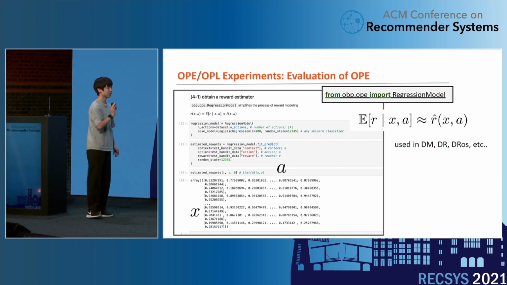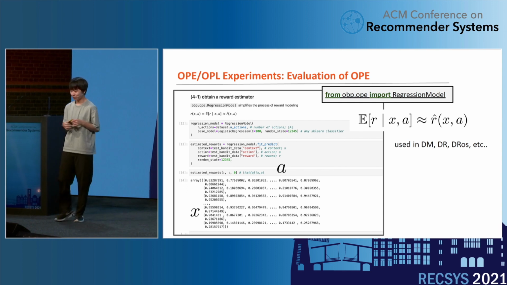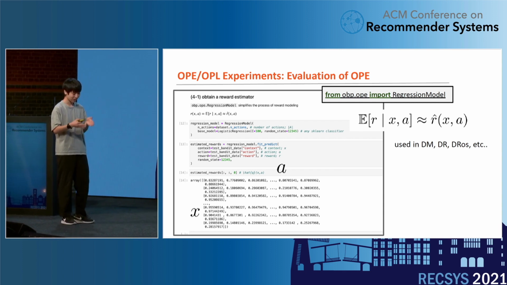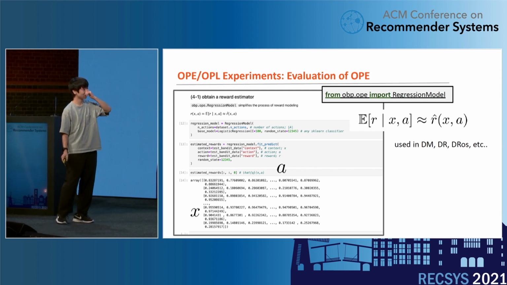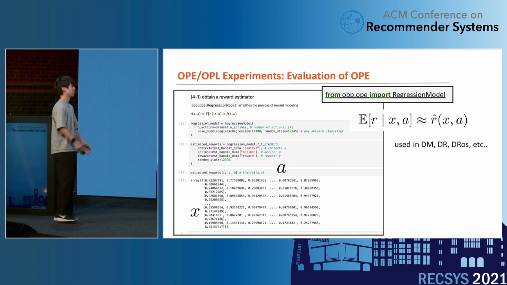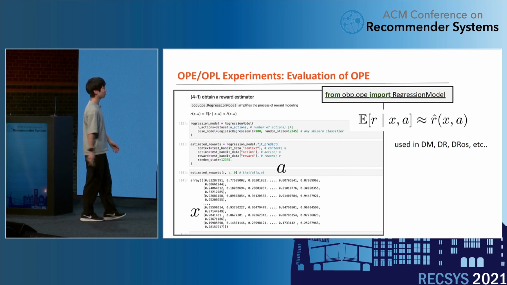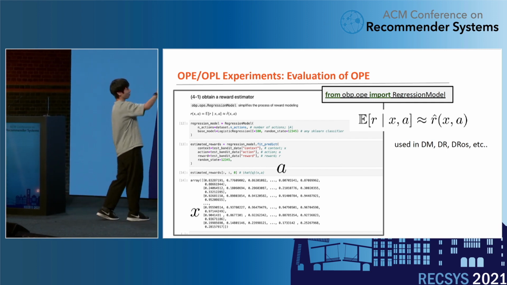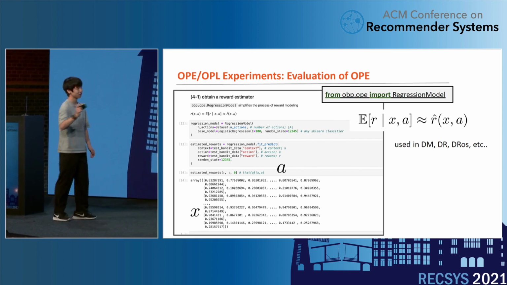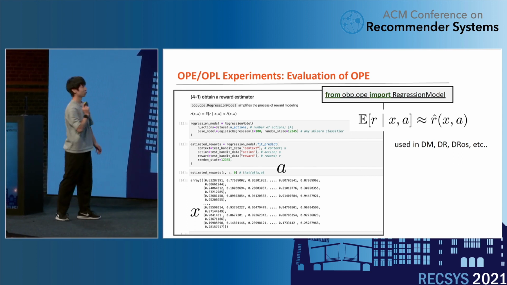This is not so trivial because we have to estimate the expected reward for every different action, right? So I think this is not so trivial to implement from scratch, but you can simplify the process of obtaining this reward function by using the regression model class.